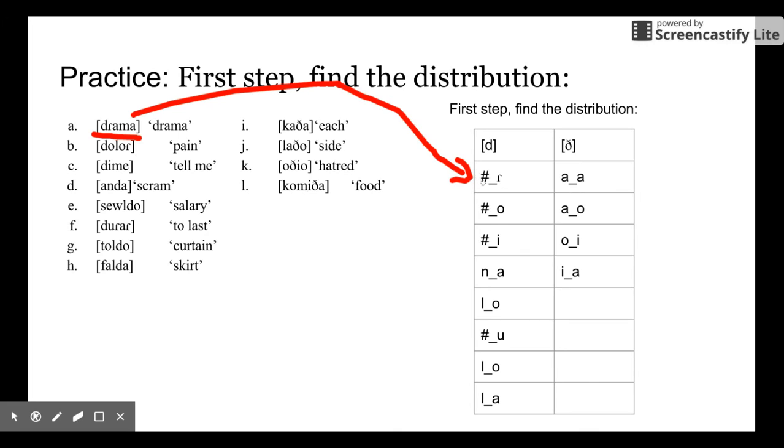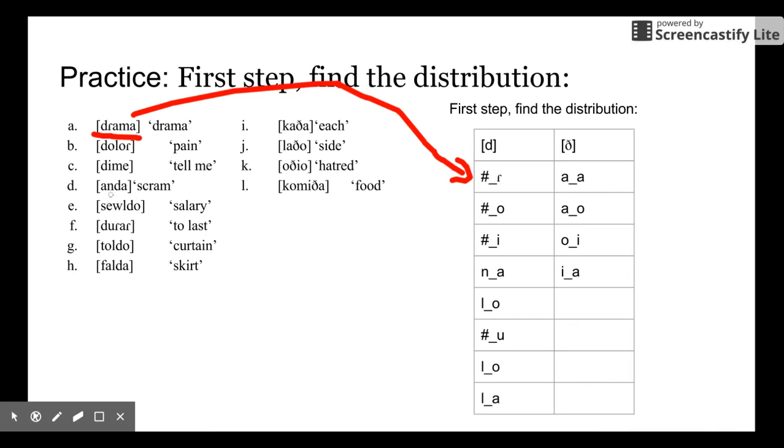We use the pound sign to indicate nothing, right? So the first sound is between nothing and this little one here, and the second is between nothing and the O sound. You drop down all the environments. So C is this one, nothing and I, right? I sound, E sound.